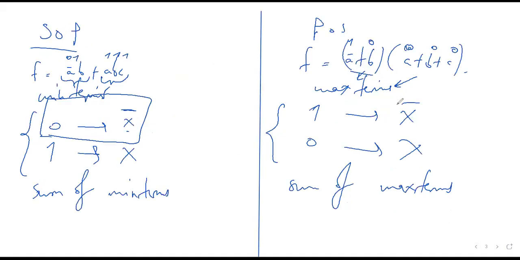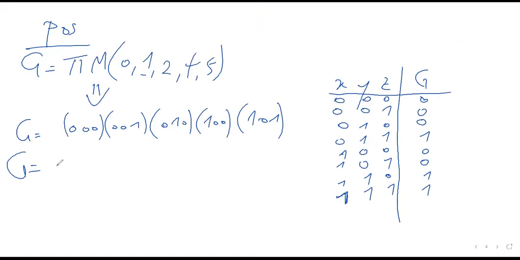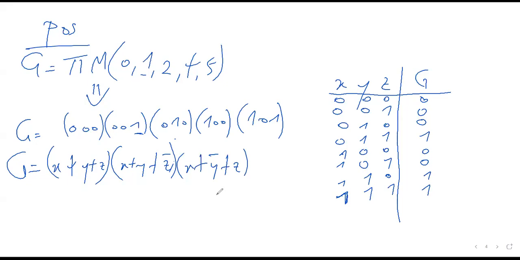From the definitions of our max terms, if it's a 0, it's not complemented. If it's a 1, it is complemented. So here we have x plus y plus z. Next one, we have x plus y plus z bar, because we have a 1 here. We have x plus y bar plus z. We also have a product of x, y, z. We have a 1 here, we have a 1 here.